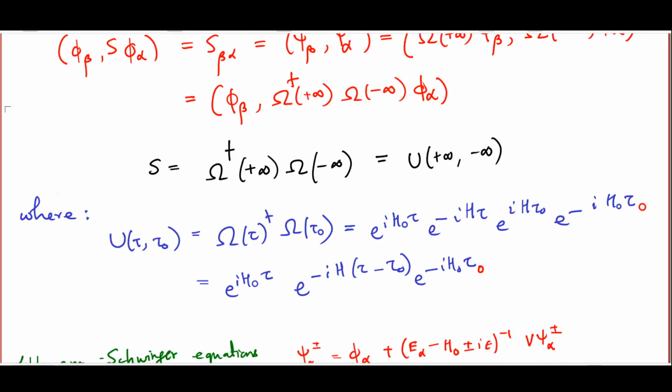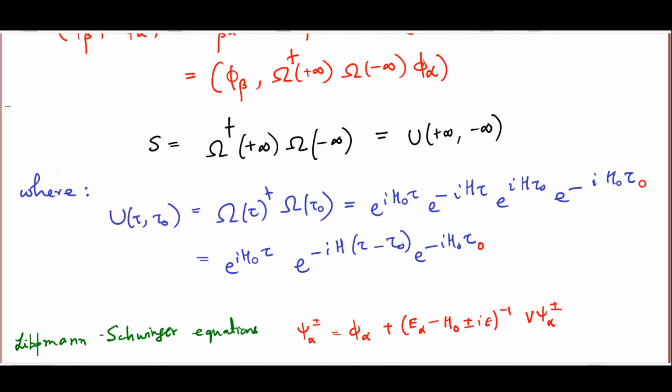Of course, you write them together, and as I have already said, psi alpha plus minus is phi alpha plus this operator (E alpha minus H0 plus minus i epsilon) inverse acting on V psi alpha plus minus. Exactly why we use the plus minus i epsilon, with the prescription of course that epsilon is going to be taken to be 0 in the limit, has been explained in quite some detail in the last lecture.